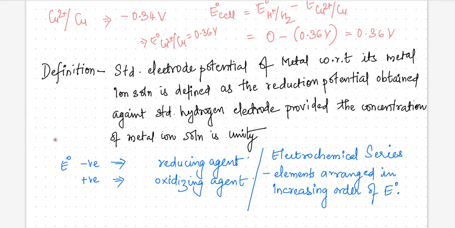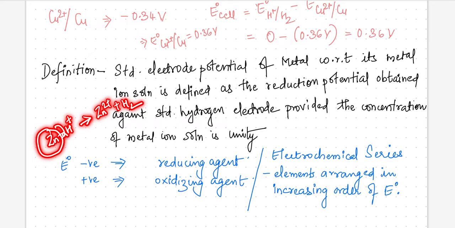So zinc metal is a very good reducing agent, and that is why when you treat zinc with H plus, it will always liberate hydrogen by converting to zinc 2 plus plus H2. It will always liberate the hydrogen, because zinc is a very good reducing agent.